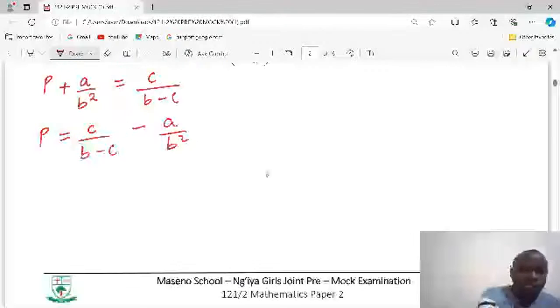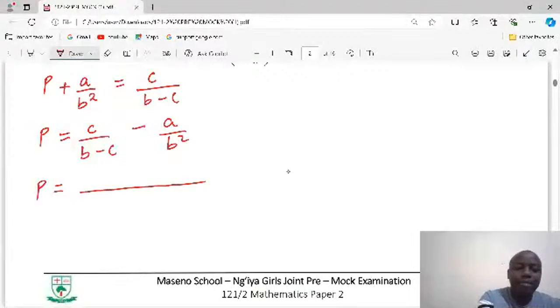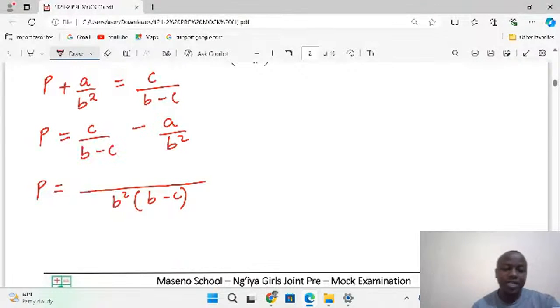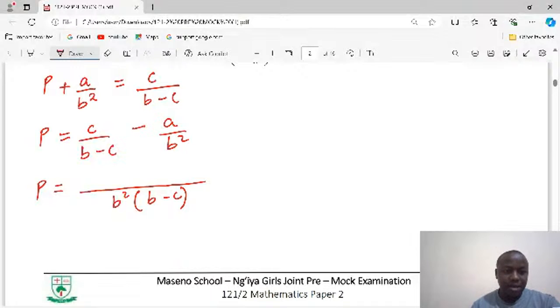Allow me to say now that P equals, we take the LCM, whereby we'll have B squared into B minus C. Then this LCM can be divided by the first denominator, remaining with B squared.